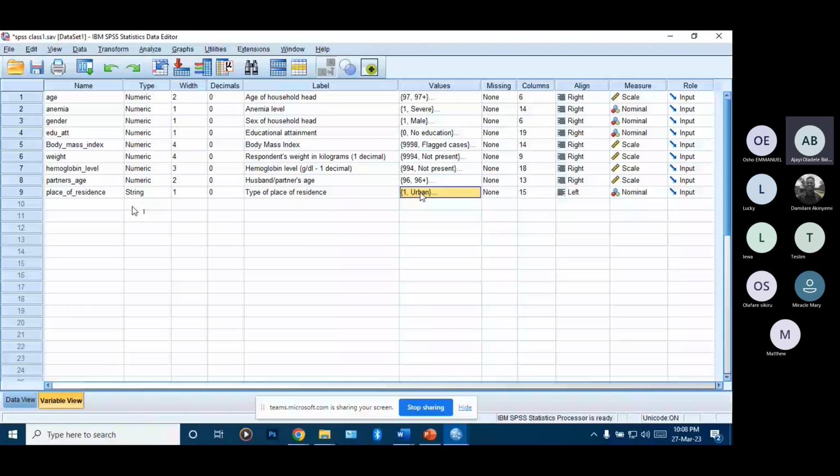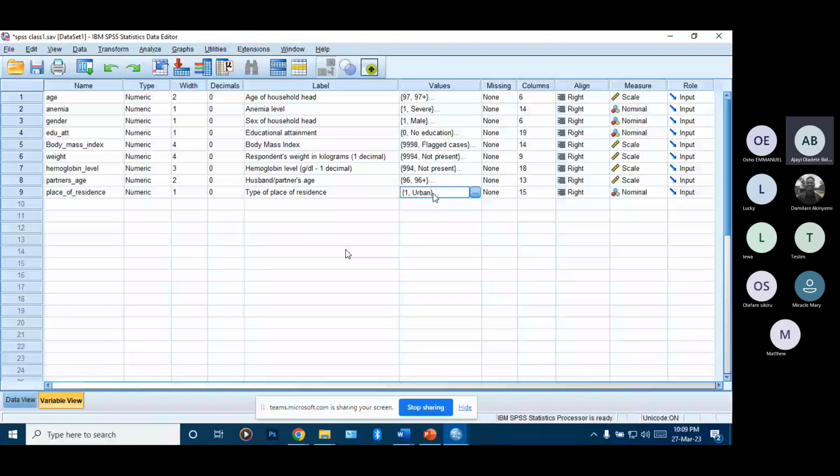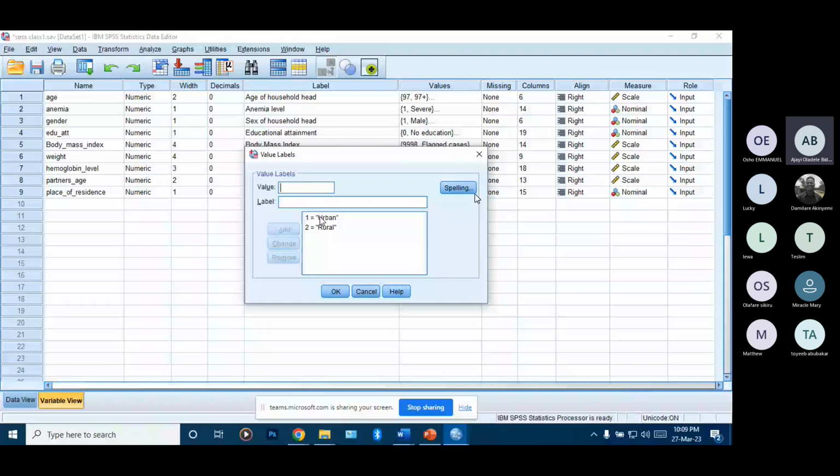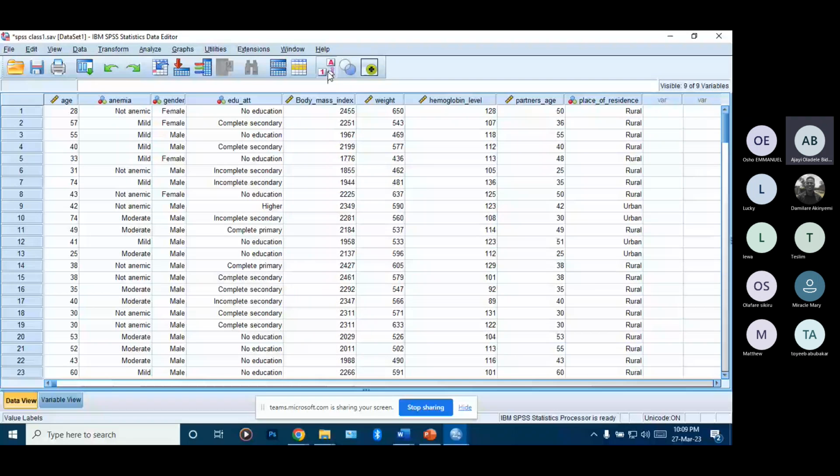It's supposed to be measured as a numeric data type, because we have defined the values here as 1 equals urban and 2 equals rural, right? Now, it is numeric. As I toggle this arrow, we can see that it is changing from rural to 2 and 1. So let's go back to analyze.